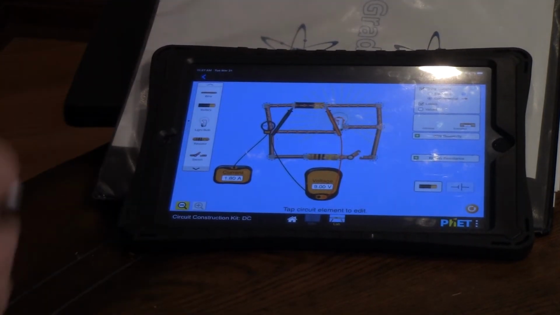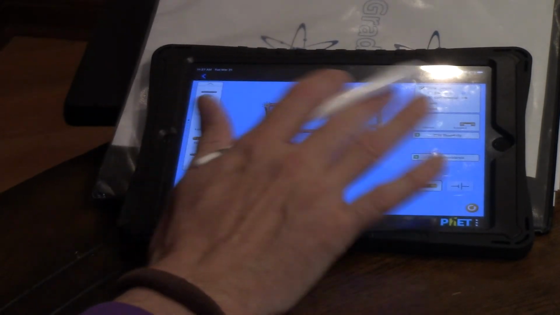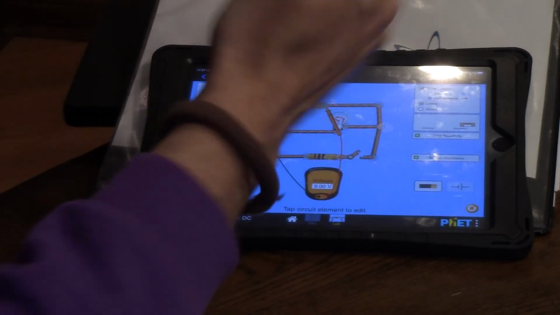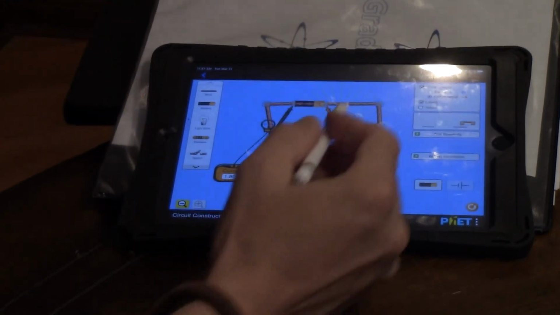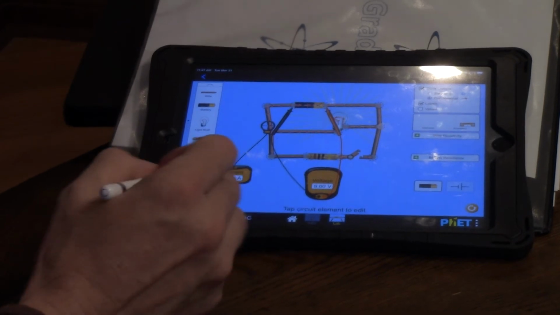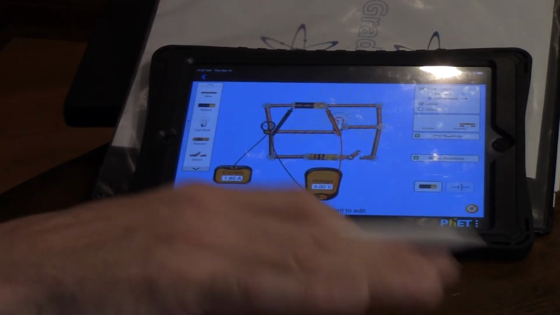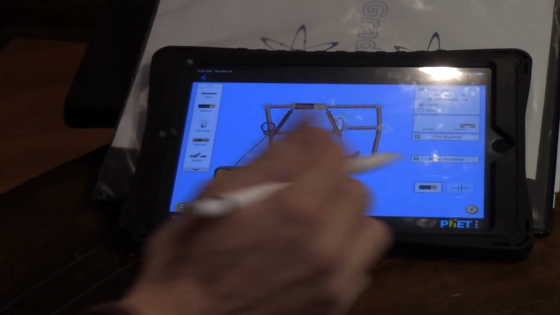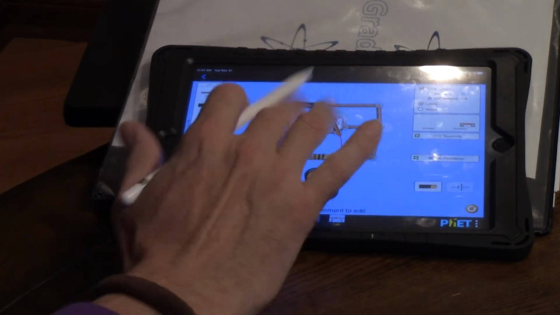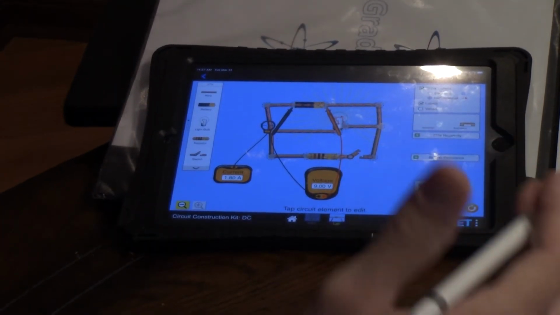When we talk about current, especially once we get into magnetic fields, this is how we're going to define current. Your thumb is always going to point in the direction of the current. We'll talk more about that later. Down here, I've got an ammeter. When you watch the video, most of the time ammeters are hooked up as part of the circuit, but this is cool because it's what's called a non-contact ammeter.